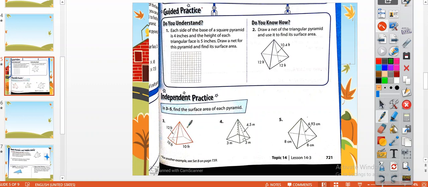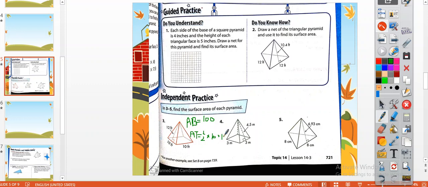So the area of the base equals 10 times 10 because it is a square, so it is 100. Now the area of one triangle is half times the base, which is 10, times the height, which is 12.